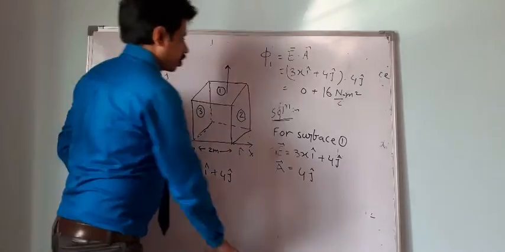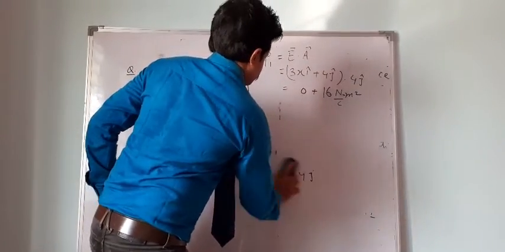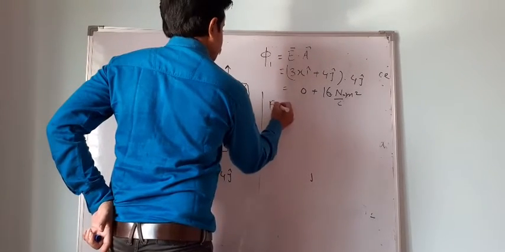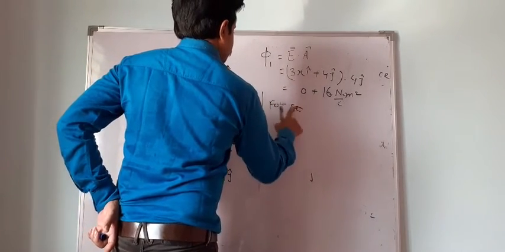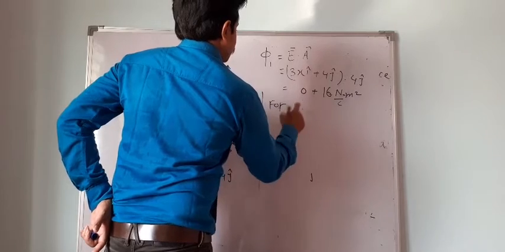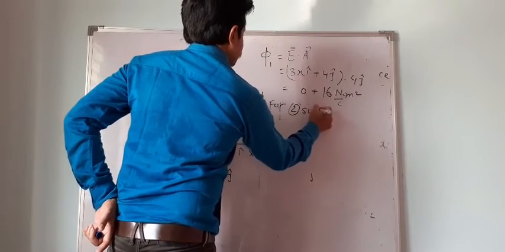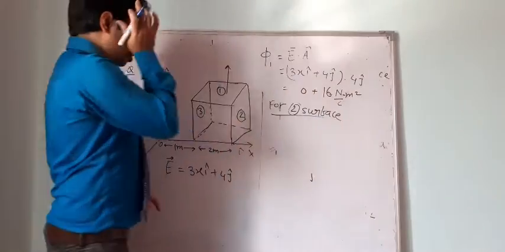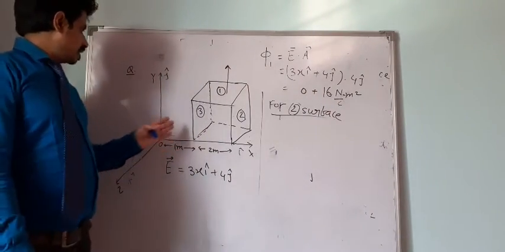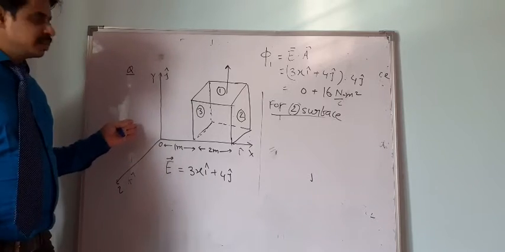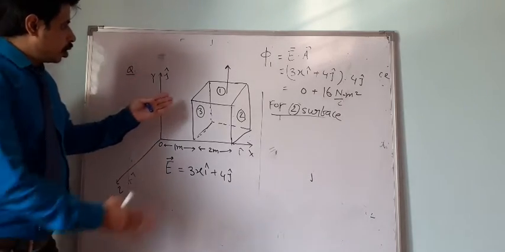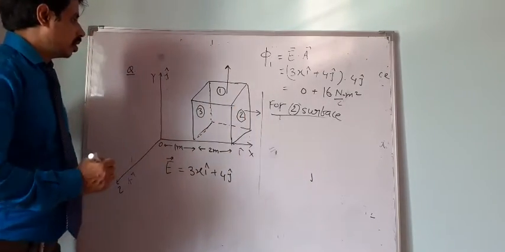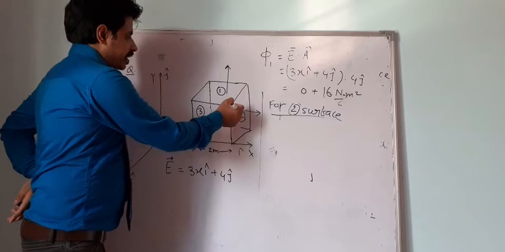Now for the second surface, it is parallel to the YZ plane. So its area vector will be in this direction, and the x coordinate is fixed.